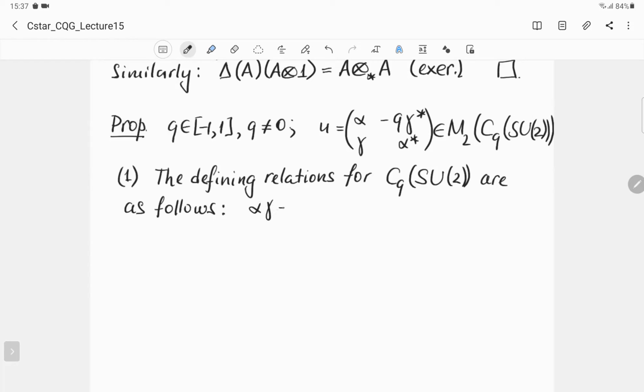Alpha gamma equals q gamma alpha. Alpha gamma star equals q gamma star alpha. So in this case, we say that alpha and gamma are q-commuting, and similarly alpha and gamma star are q-commuting. Next, gamma is normal.